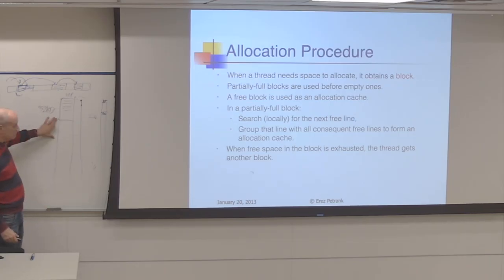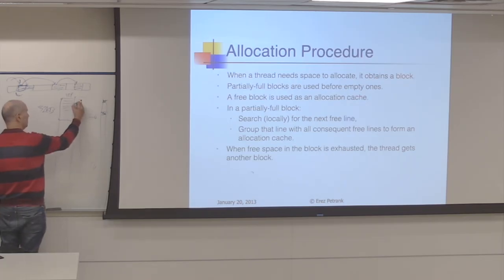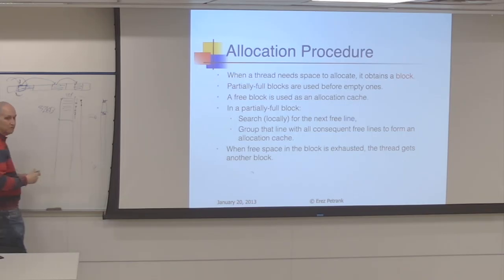You look for the first free line. So maybe this is occupied, free, free, occupied, free, free, free, occupied, occupied, right? You have these bits. So you look for the first line that is free, and then you look for all the consecutive lines that are free. Here you have 2.